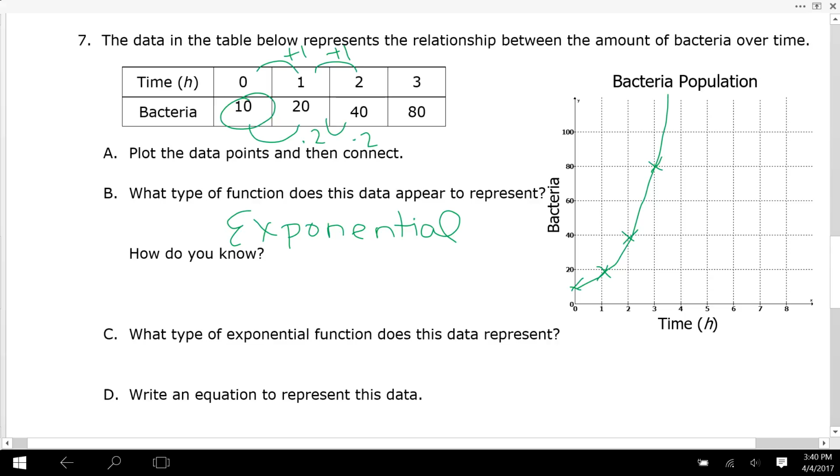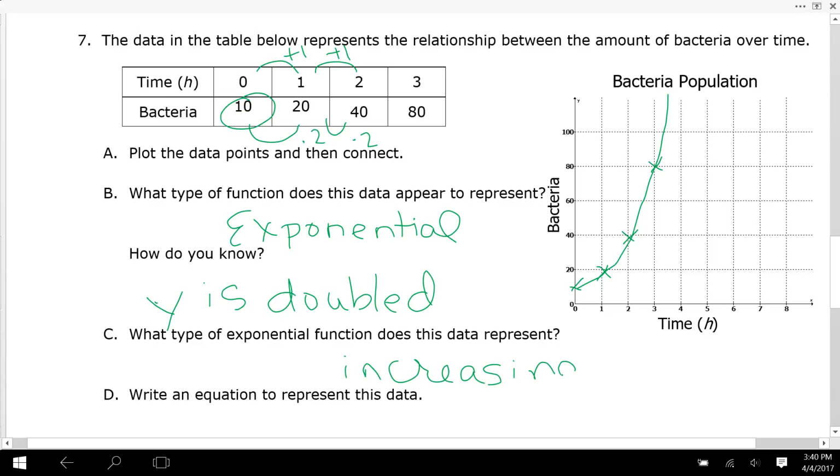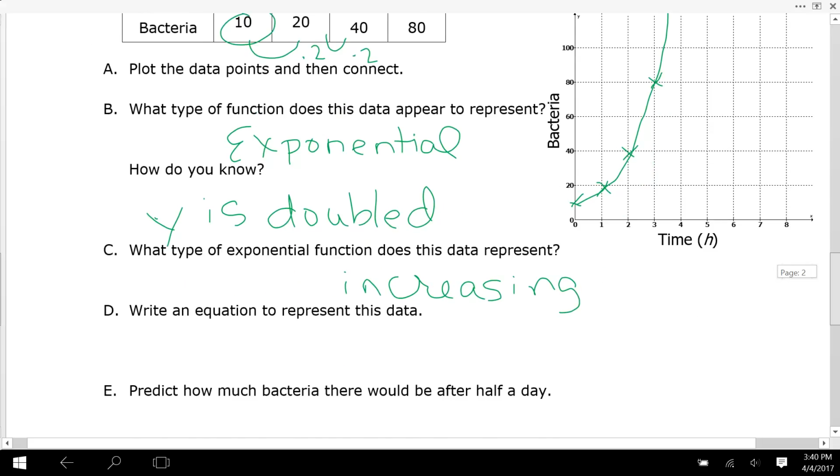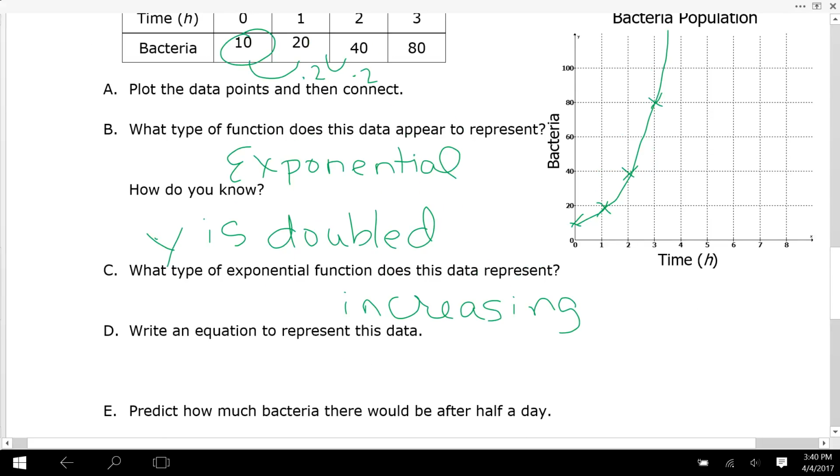And how do I know? Because y is doubled every hour. It's increasing because it's going up. My equation is going to be y equals 10 times 2 to the x, because 10 is my y-intercept and it's going up by 2's.